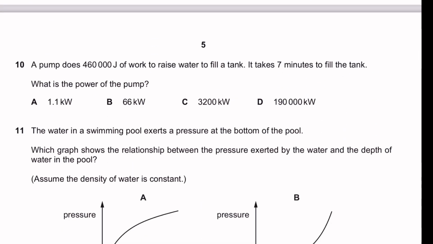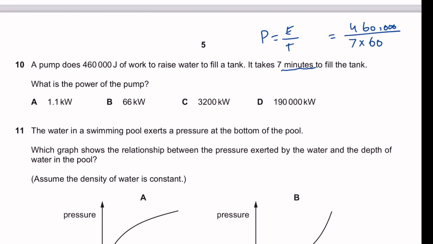Question 10. A pump does 460,000 joules of work to raise water to fill a tank. It takes 7 minutes to fill the tank. What is the power of the pump? So we know power is energy over time, and energy is 460,000, divided by the time, and since it's in minutes, we have to change it to seconds, so it will be 7 into 60.